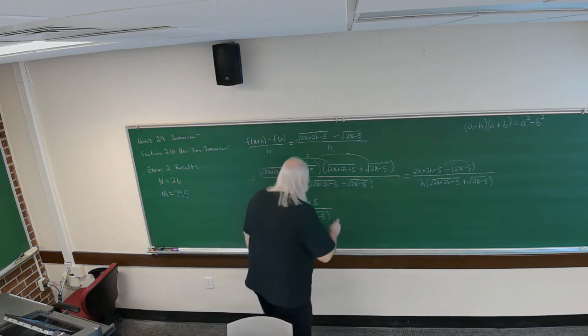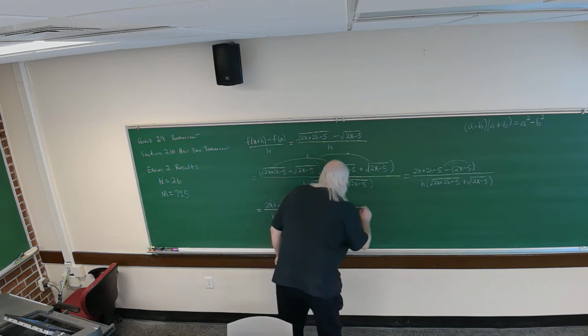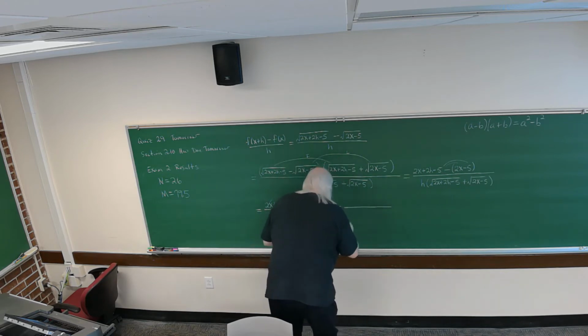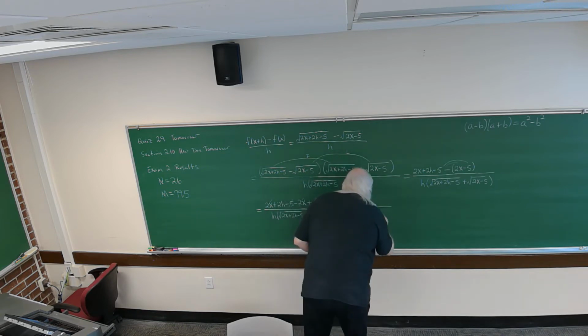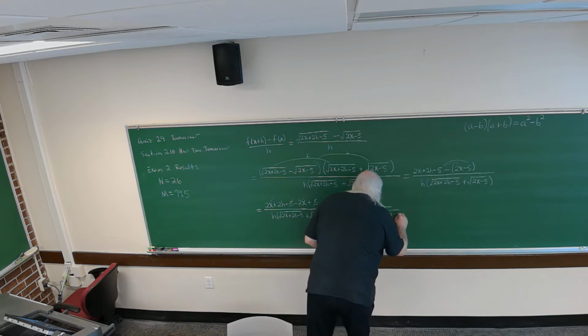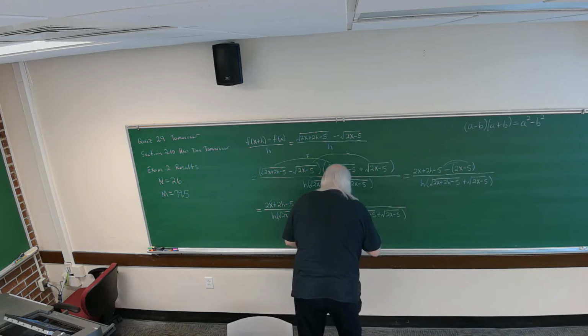So this is equal to, denominator, we have h times the square root 2x plus 2h minus 5 plus square root of 2x minus 5, and then the numerator we just have 2h, 2 times h.